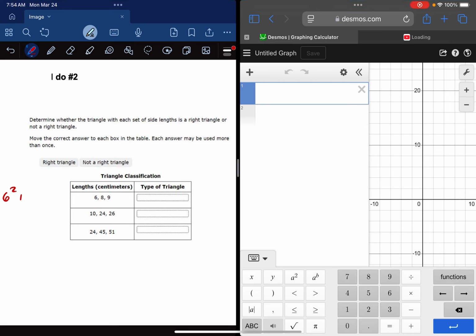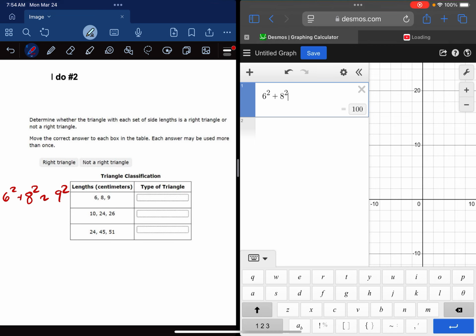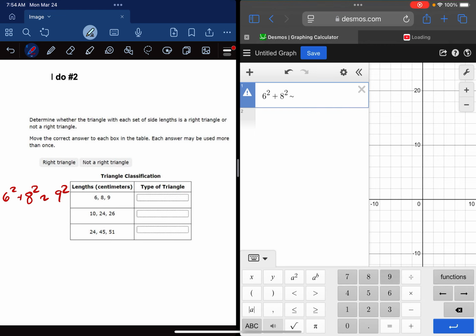6 squared plus 8 squared tilde 9 squared. And what I want to look at is this number here on the bottom that says RMSE, equals 19.